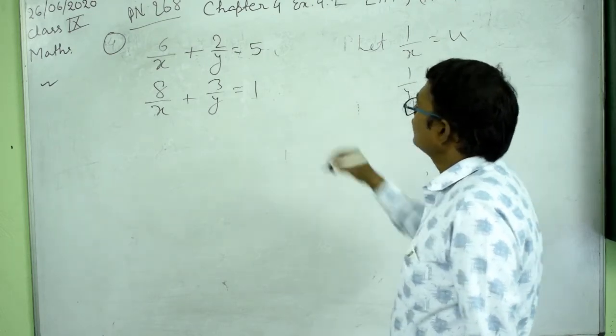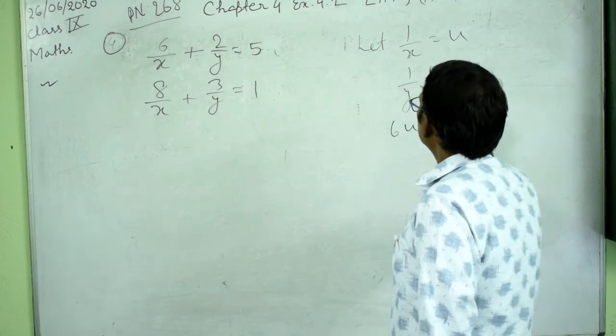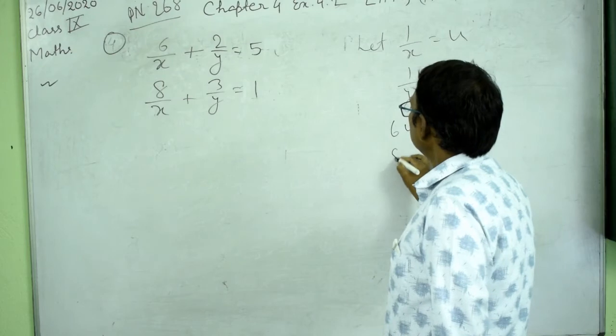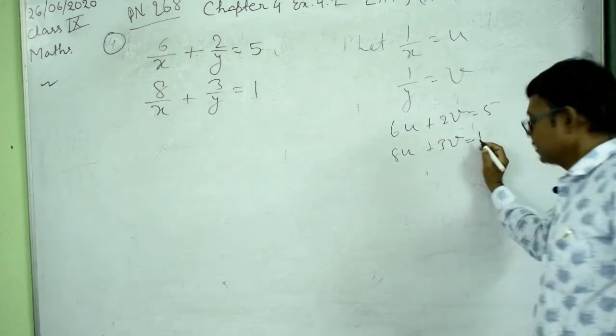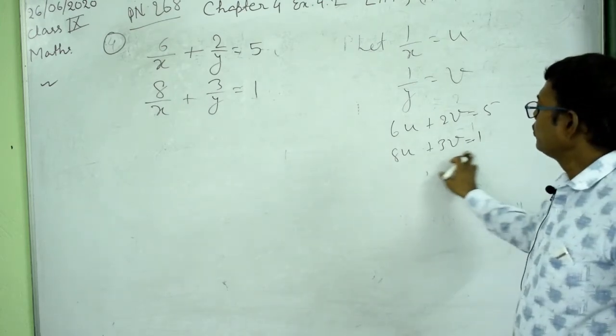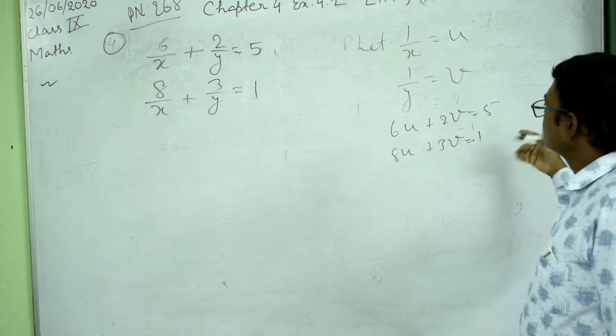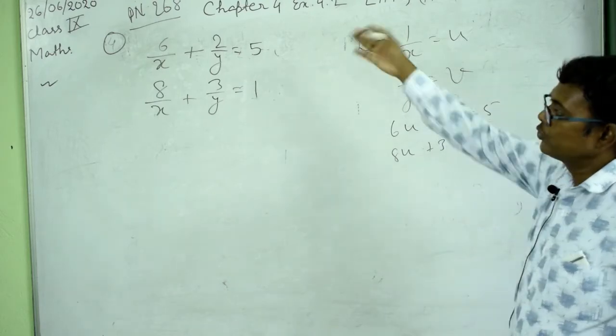Then the given equations become 6u plus 2v equal to 5 and 8u plus 3v equal to 1. Now it looks simpler, and then you will solve, that is, you will make the coefficients equal and so on. But we can also do this directly.